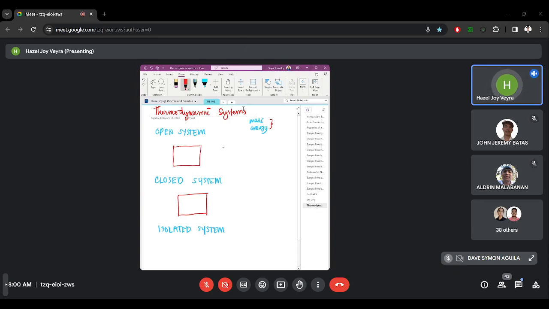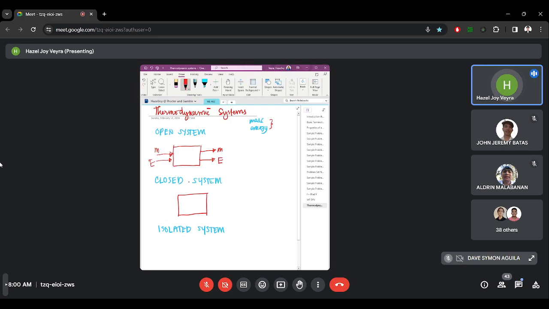So, the work is being done by the system and then meron din siyang output which also contains mass. So, in that example, in an open system, we have a mass going in, an energy going in. This energy could be a mechanical work, pwedeng heat, pwedeng different forms of energy. So, in an open system, meron din tayong lumalabas na mass. The mass can cross the boundaries as well as the energy.